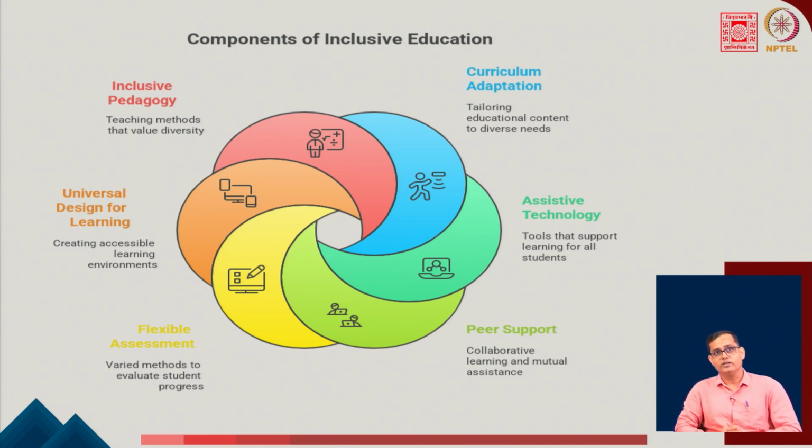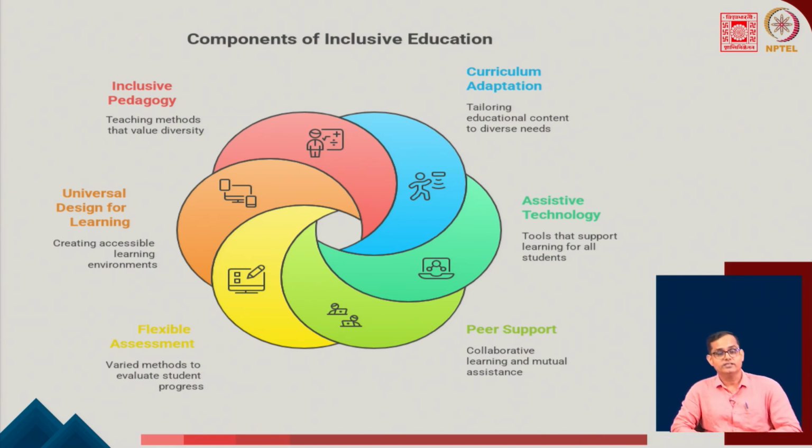The first component of inclusive education is inclusive pedagogy, that is, teaching strategies and teaching methods that value diversity. Universal design for learning is also an important component of inclusive education, because it creates an accessible learning environment for all learners, including children with disabilities.